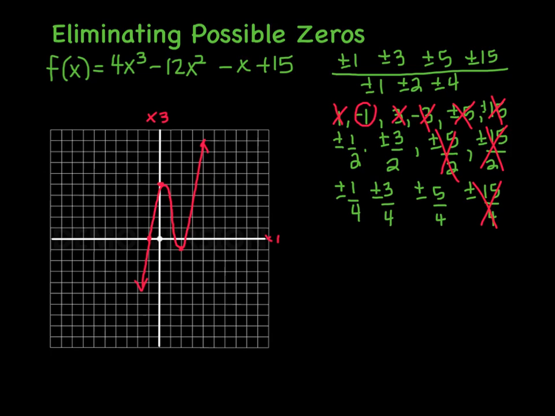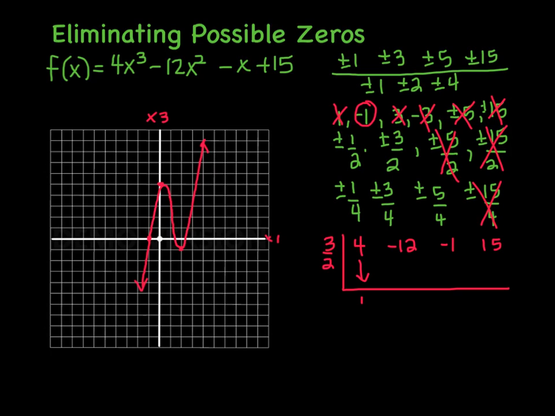I see obviously that it goes through -1. But I can kind of take a guess, and let's see if it goes through 1.5 or 2.5. So let's just experiment with 1.5. So I'm going to synthetic divide with 3 over 2 into cube, square, x, and constant.